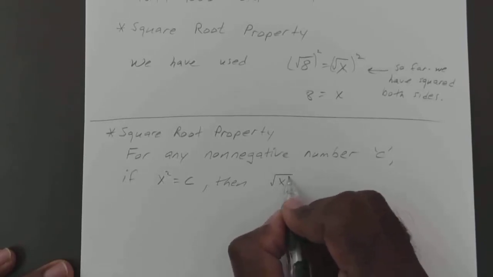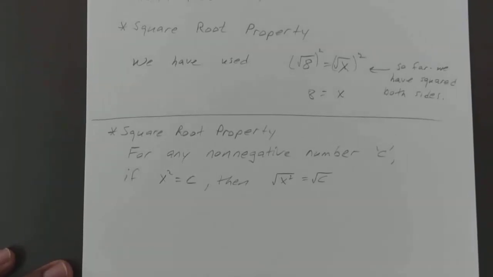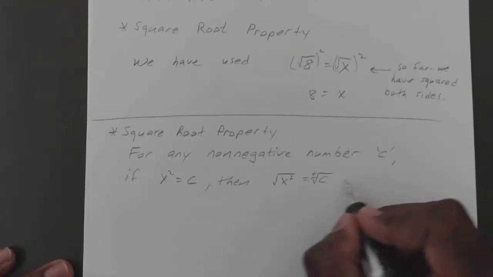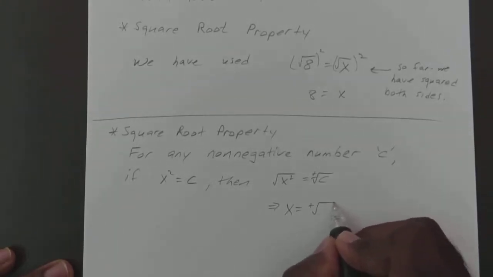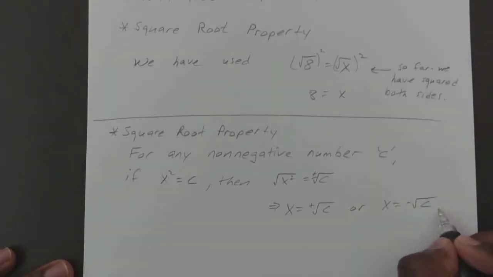So the square root of x squared equals square root of c, or in this case, plus or minus. So x equals either positive square root of c, or x can equal negative square root of c.